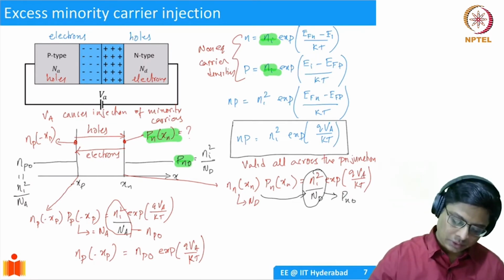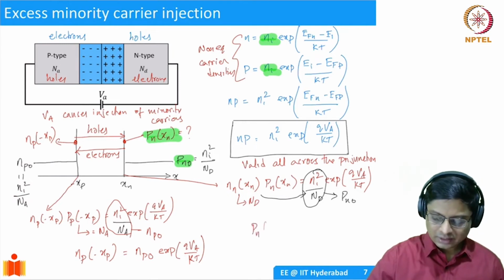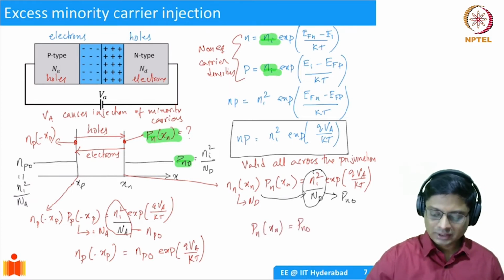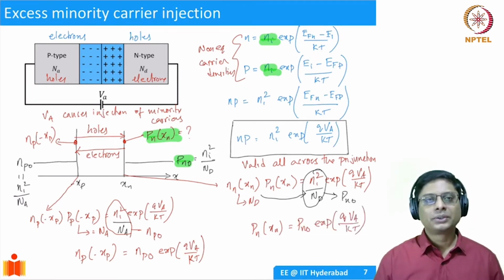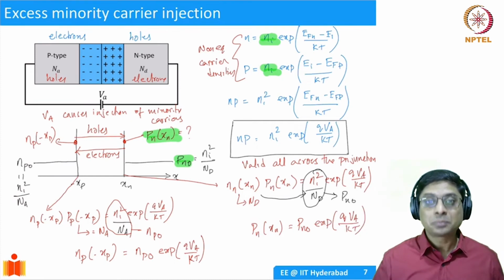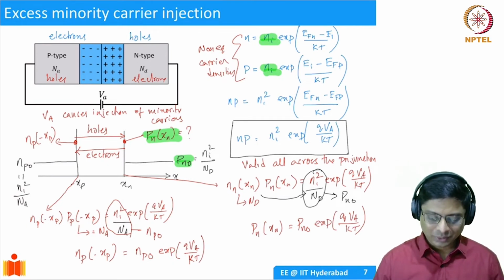So my pn at xn is going to be the equilibrium density pn naught exponential of qVA by kT. That's it. So just by applying voltage, I am exponentially increasing the minority carriers at the edge of the depletion region. So this is what is happening.